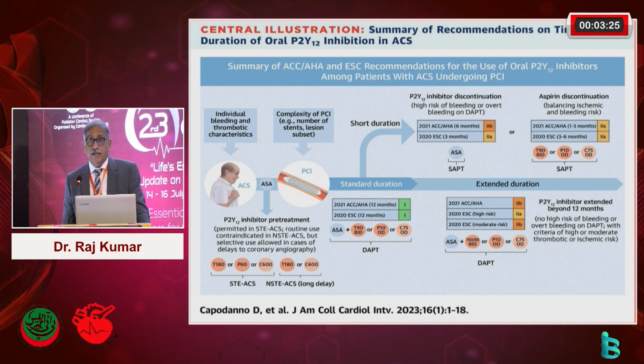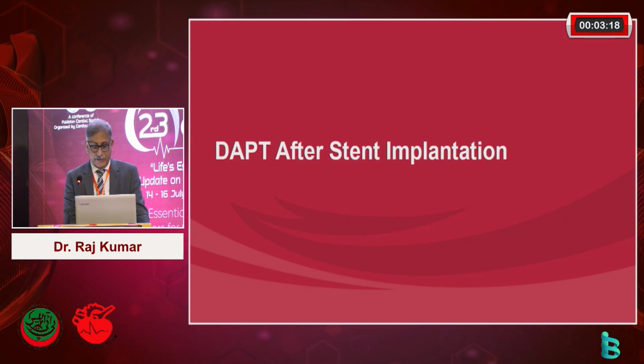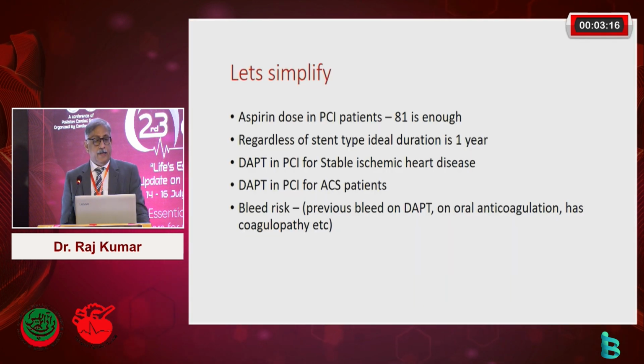So the decision is on the basis of individual patients and their risks. After stent implantation, let us simplify: the aspirin dose in PCI patients, 81 mg, is enough. Regardless of stent type, the ideal duration is 1 year.